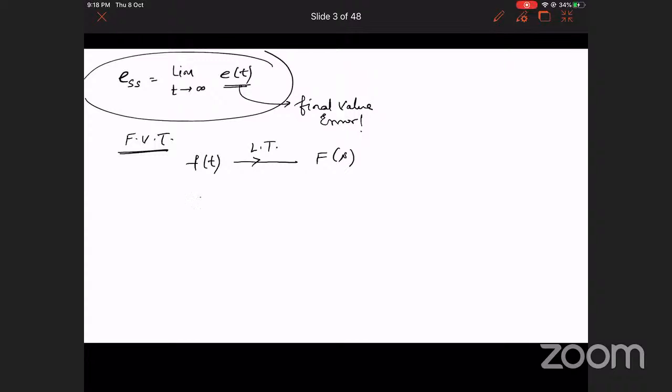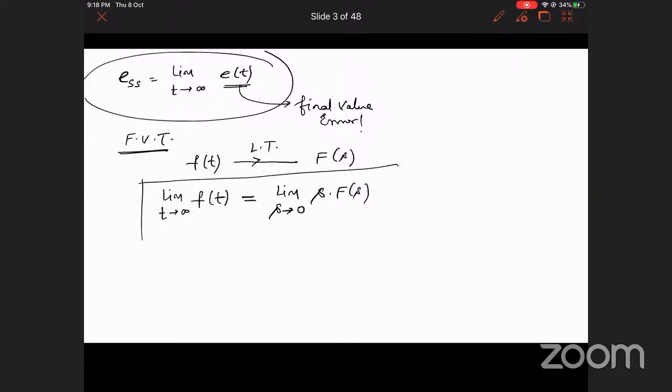Now, when I say f of t, let's say f of t is the final value. In order to show the final value in mathematics, we substitute t as infinity by writing limit t tending to infinity of f of t. This is equivalent to limit s tends to 0 of s into F of s.